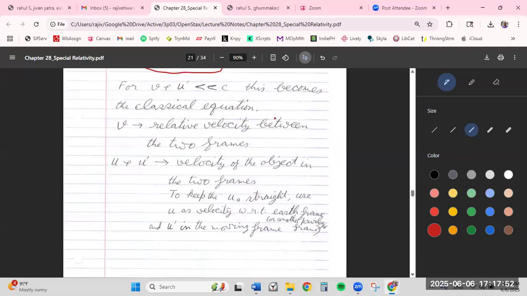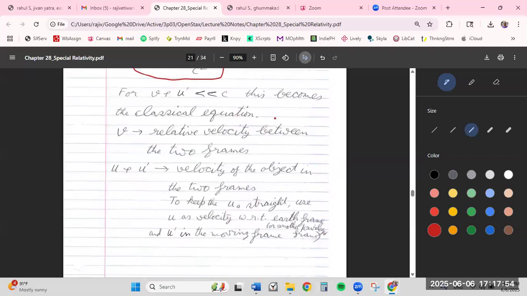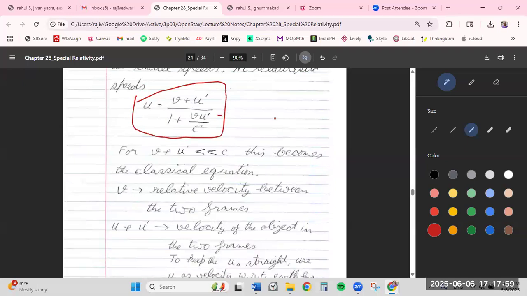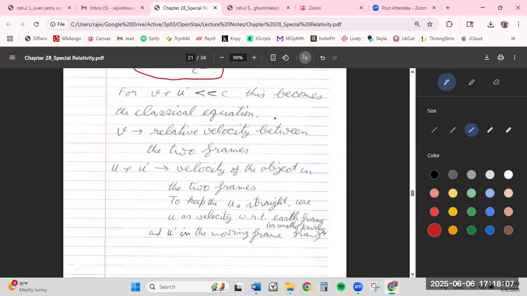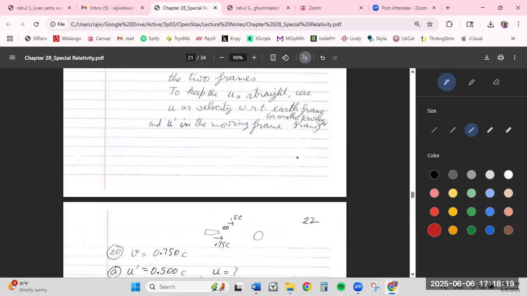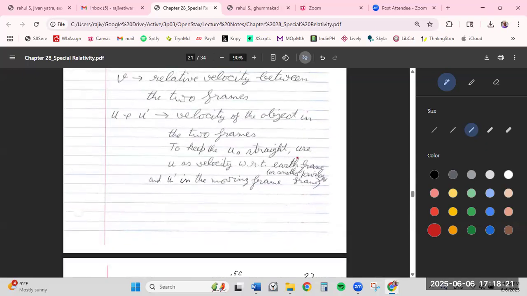Okay, so in order to use this, you can define u, u prime, and v in different ways. It helps to just be consistent, and one way that seems to work for me is that we define v as the relative velocity between the two frames.